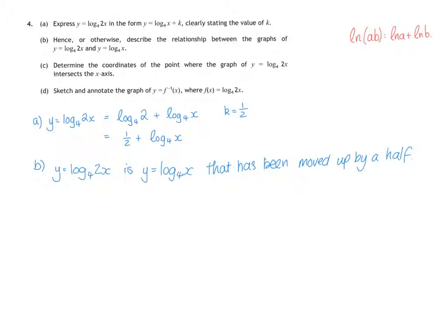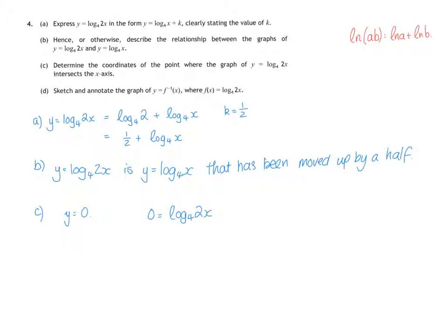Right, so we've got C, so we have to determine the coordinates of the point where the graph y equals log to the base 4 of 2x intersects the x-axis. So when it intersects the x-axis, that means that y is 0. So we have to set y equal to 0. And we have 0 is equal to log to the base 4 of 2x.